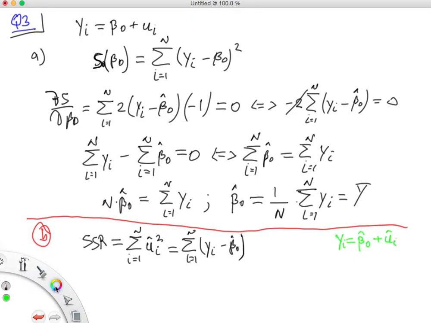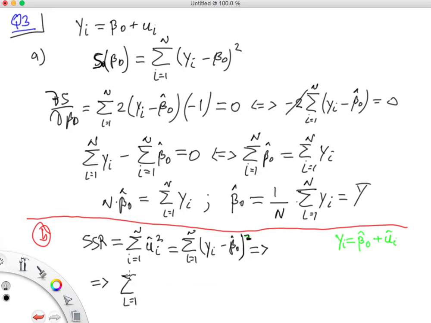So that's 2 here. Now given this, we know what beta 0 hat is equal to from before. So that's equal to y bar, right? We just proved it, or we solved it, in other words.